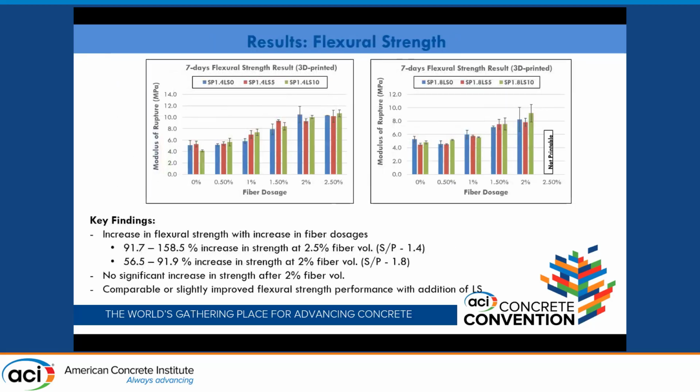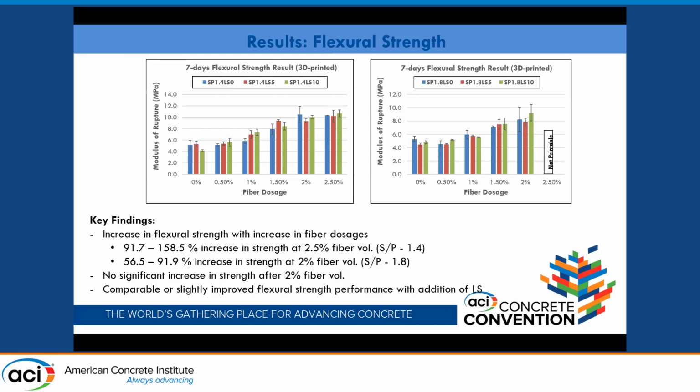Then for the flexural strength of the 3D printed samples, we've also seen an increasing trend when we increase the fiber dosage. We were able to increase the flexural strength by between 91 to 159% when we increase the fiber dosage up to 2.5%. And for the sand to powder ratio of 1.8, we're also able to have a significant increase in flexural strength at 2% fiber volume.